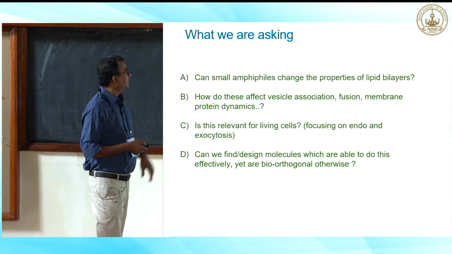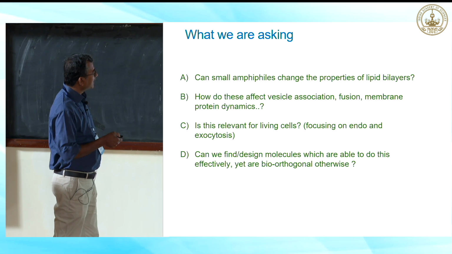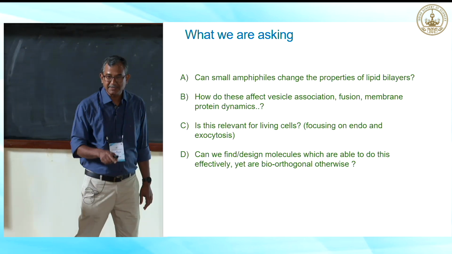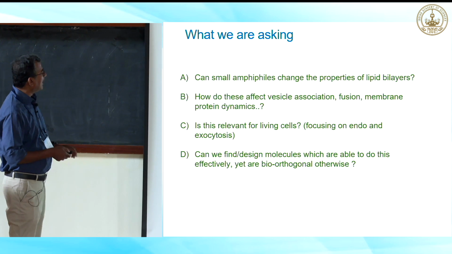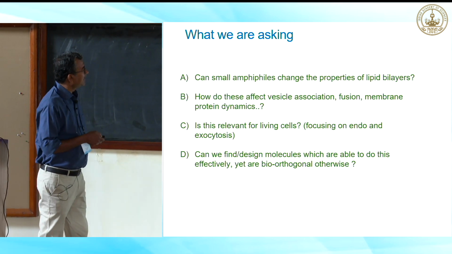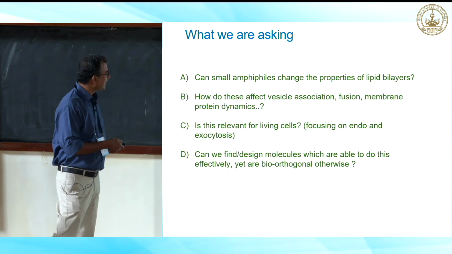Okay, so quickly, what questions are we asking? How much time do I have? 7 minutes, okay. So 4 quick questions. Can small amphiphiles change the properties of lipid bilayers? This is something that has been neglected.